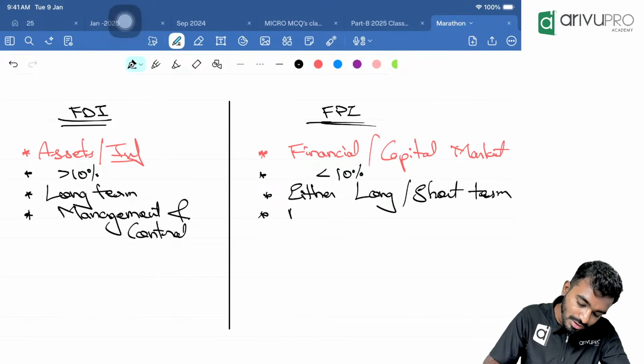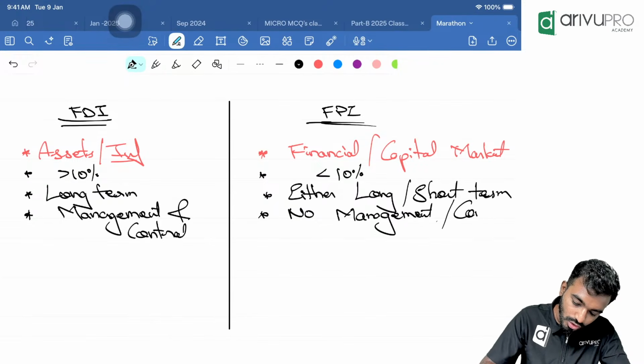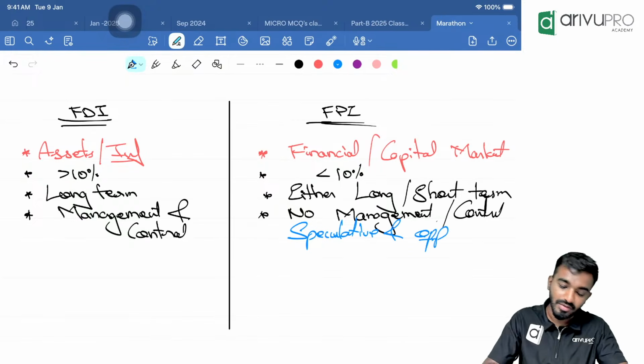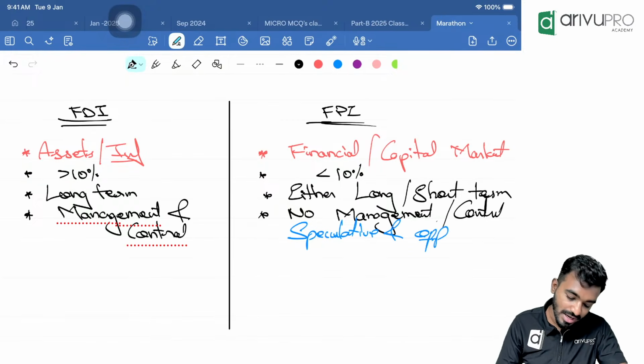But in FPI, there is no management and control, purely speculative and opportunistic. We will just invest, make a nice amount of money, and say bye-bye.